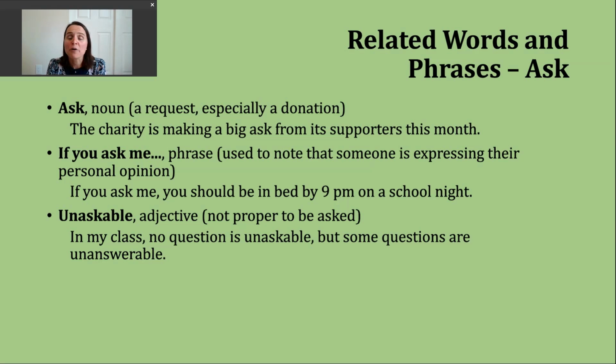An example of how you might hear this used: in my class, no question is unaskable, but some questions are unanswerable. So this might be something you hear a teacher or professor say during their first week because they want to encourage their students to ask questions. So they're saying, you can ask anything you want, but sometimes you might ask a question that I'm not able to answer.